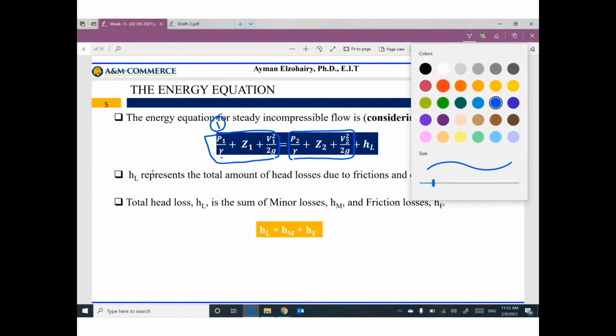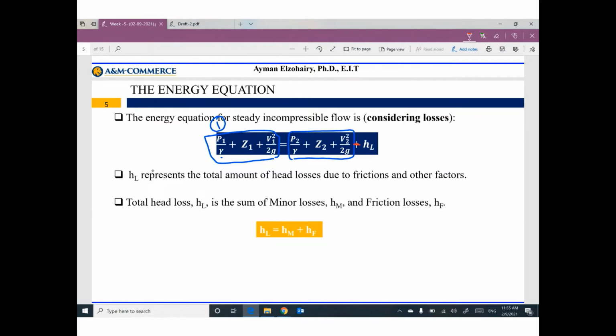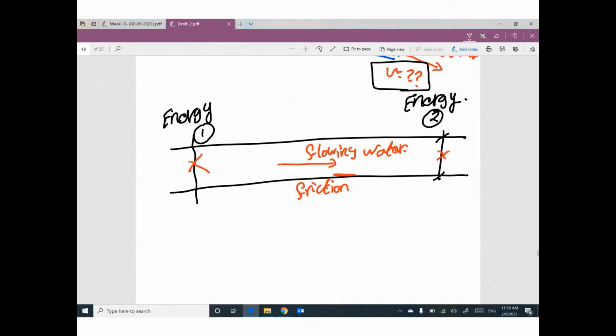We need to add a term here, plus HL, which is called head loss or total head loss. That makes sense. During the flow in any system in this world, we can expect losses for many reasons.